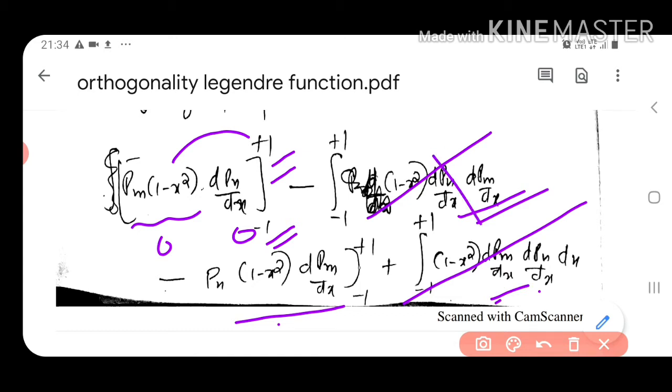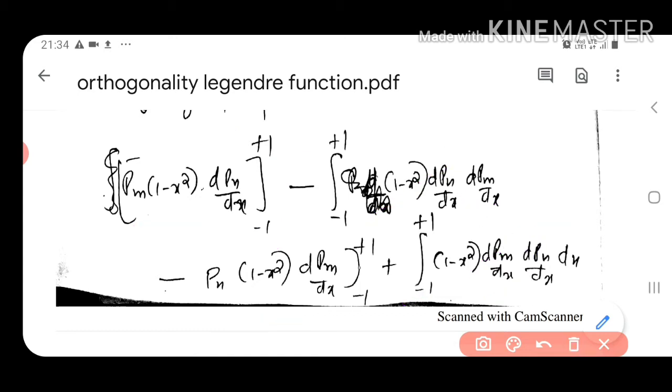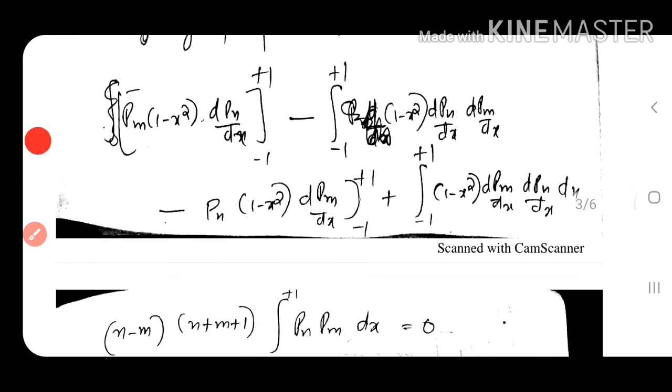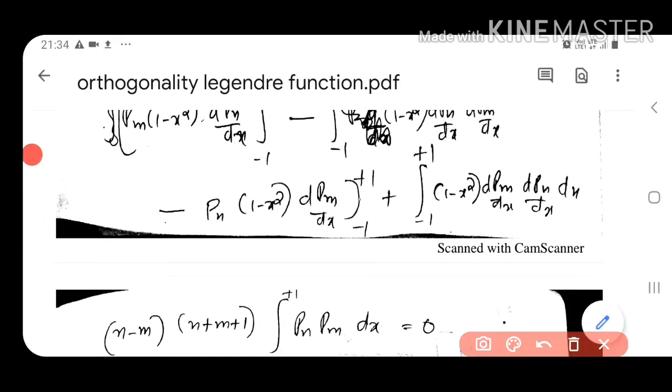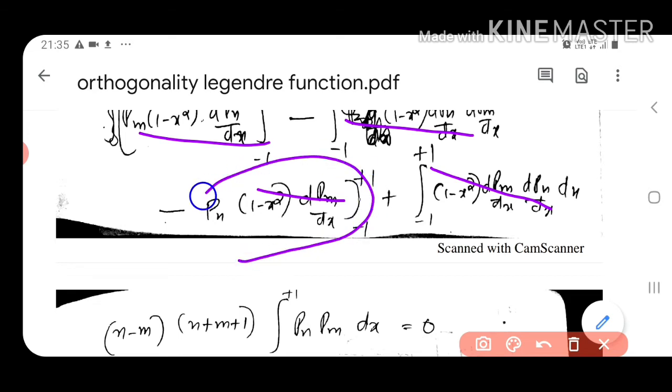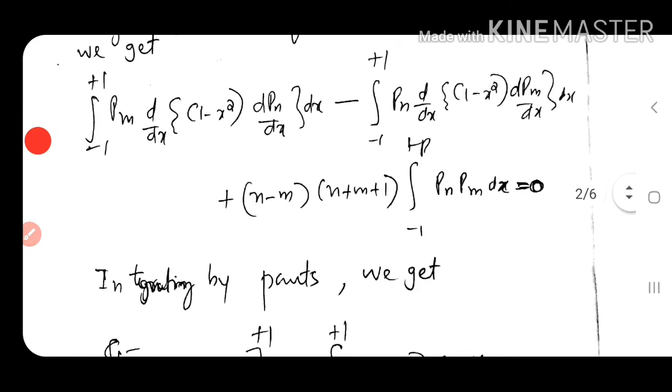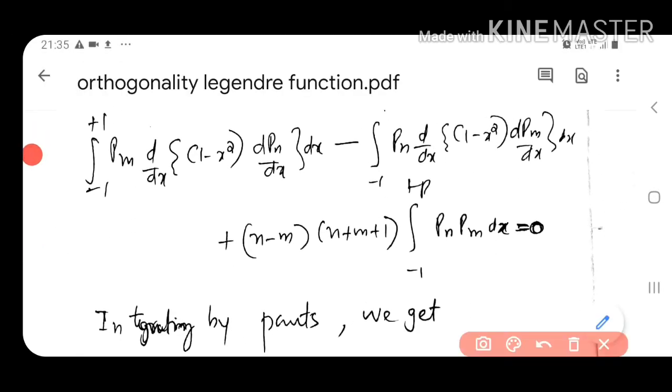So this will get cancelled. So all these terms will get cancelled. These two will get cancelled, and this one is 0, this one is also 0. So we are left with only this integration.